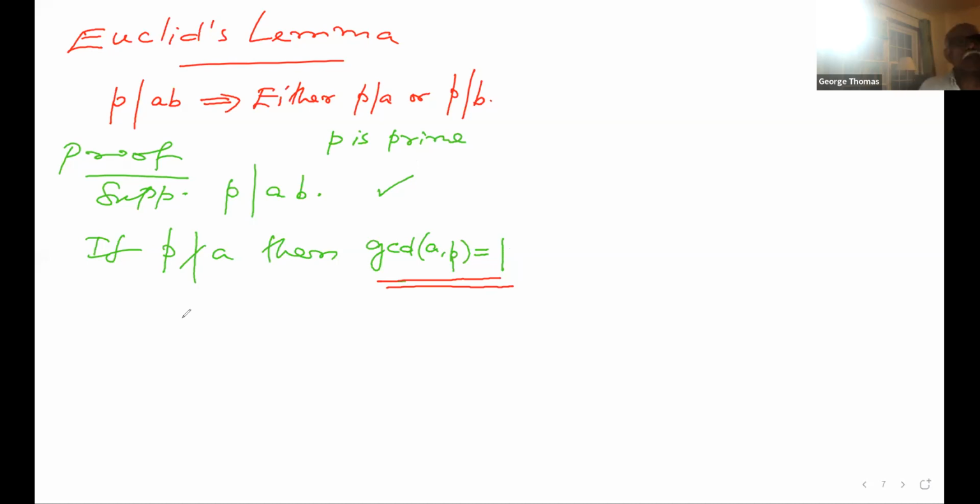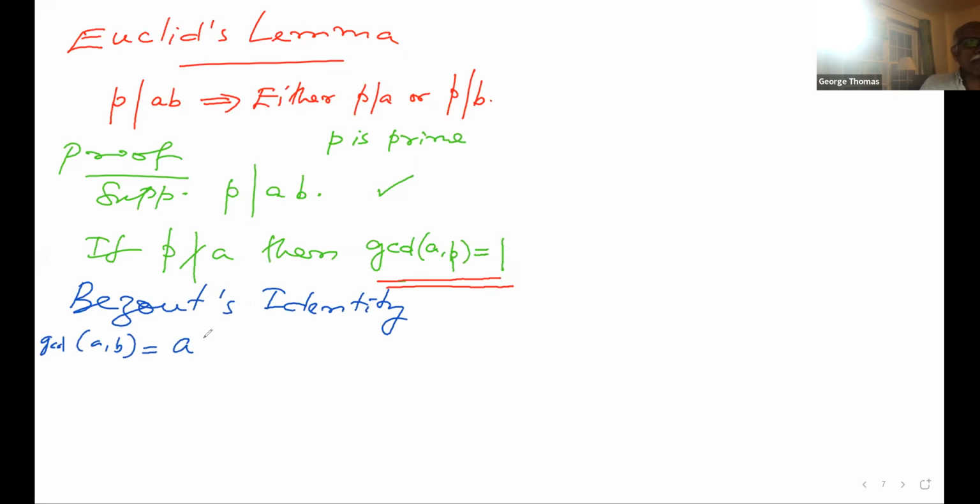Now, wait a minute. Bezout's identity. What is it? The GCD of A and B is some A times some X plus B times some Y. Agreed?